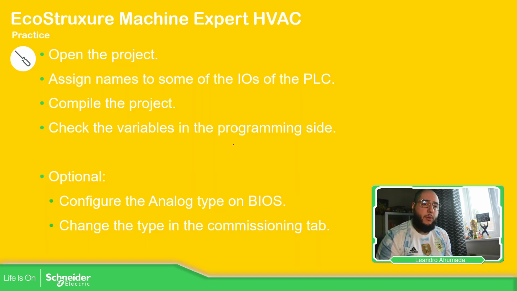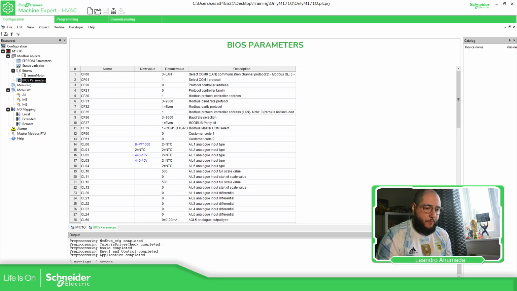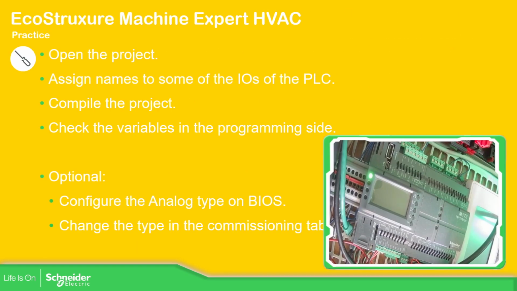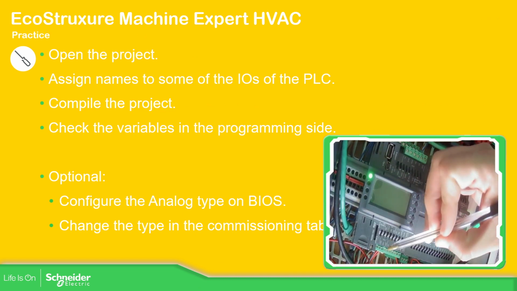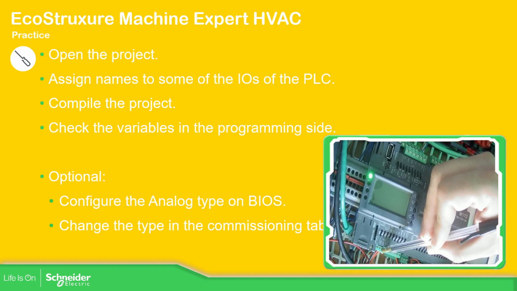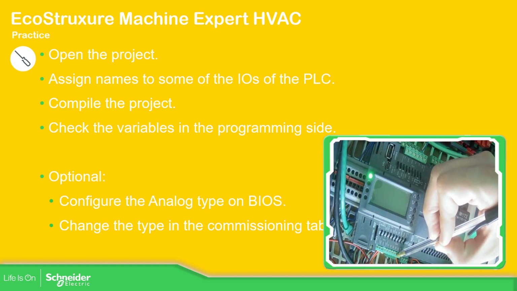So now that we know this, let's go to the application. What I have done so far, let me just show you the controller. In the top part, I used analog output number 2 and linked it to analog input number 8.